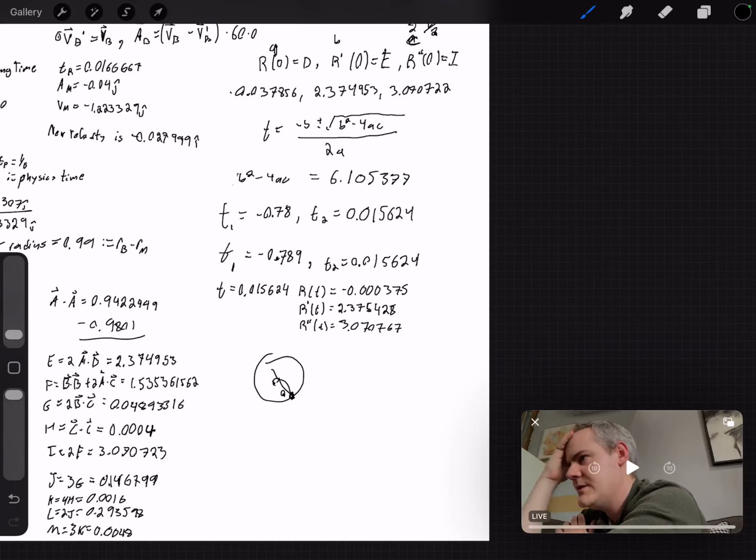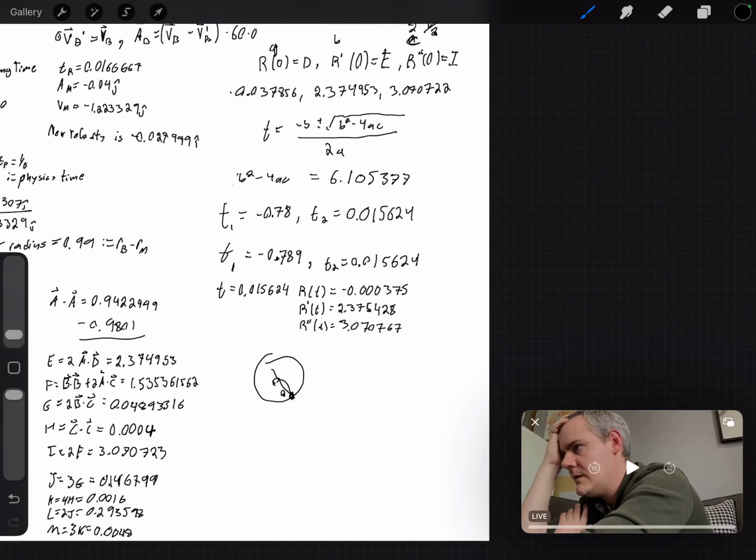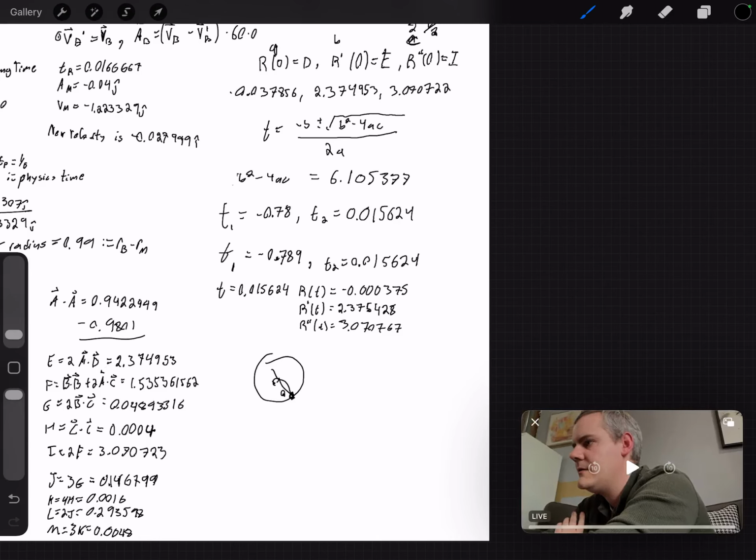But this is the initial logic: if T1 is greater than 0, T1 should be smaller. Yeah, there needs to be, if T2 is less than 0. That's what it is. Okay.